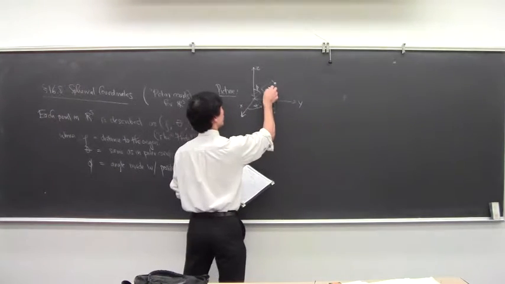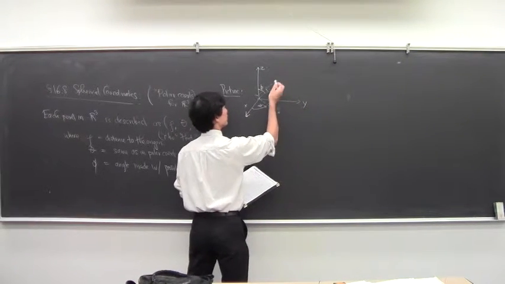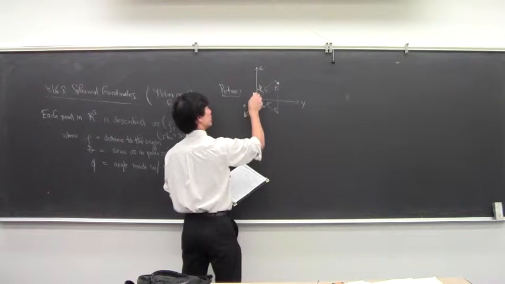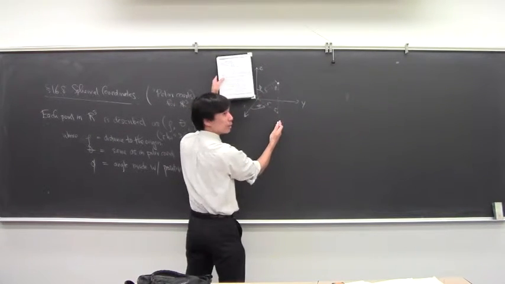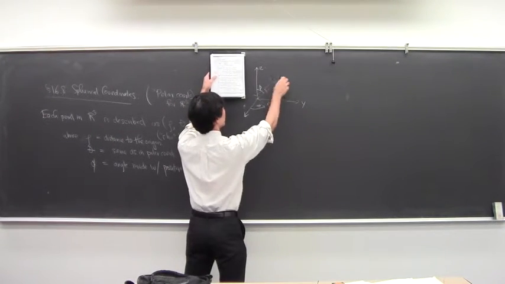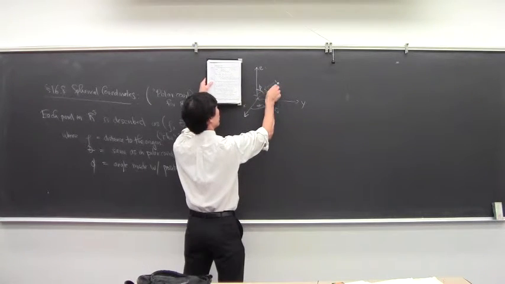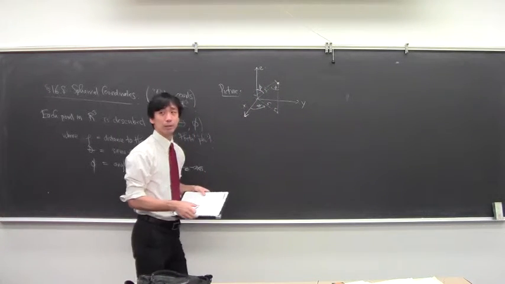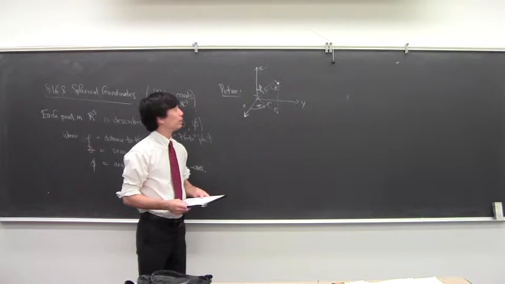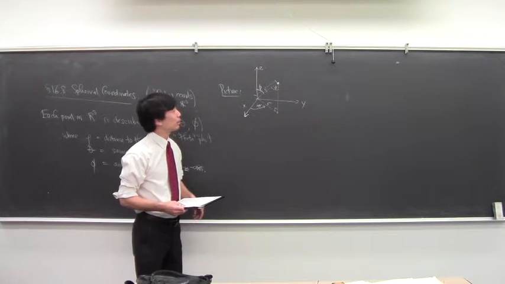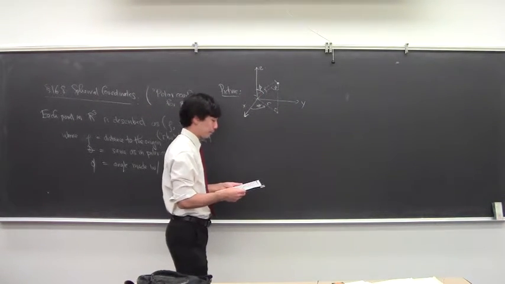Or if you like, you could also think of phi as this. It's the same thing, because you've got parallel lines here, and so this angle and this angle are the same thing. So both of those are phi. But it's probably easy to think of it like this.